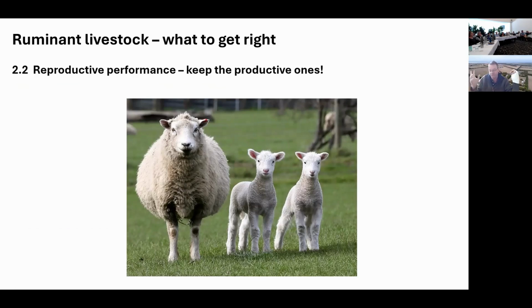So all the obvious things of condition score, scanning, or health, all of that, ram condition, all of that sort of stuff, all the things we know, okay, can make a difference. And I reckon on most farms, unless they've been really active in this space, there is some potential room for improvement. And we've certainly found that at home. We've been concentrating on our livestock, on our sheep stuff, as much as we have in the last 5 years.